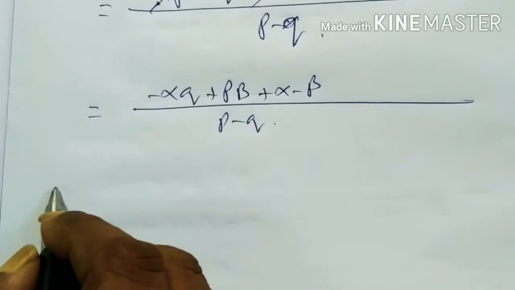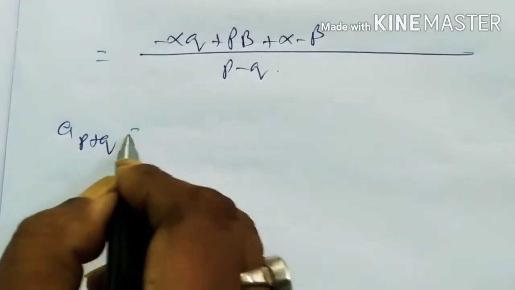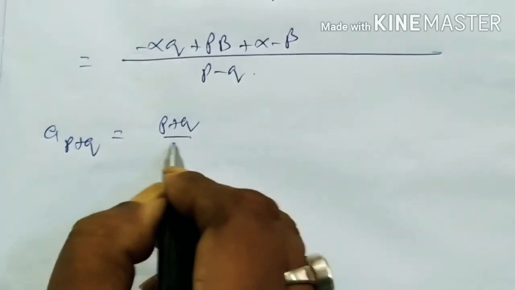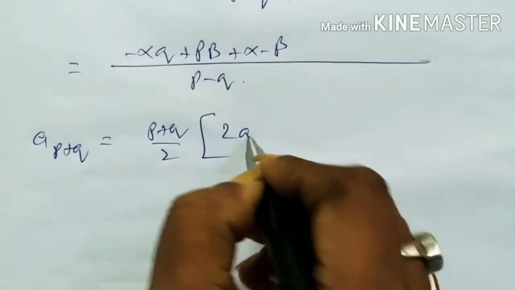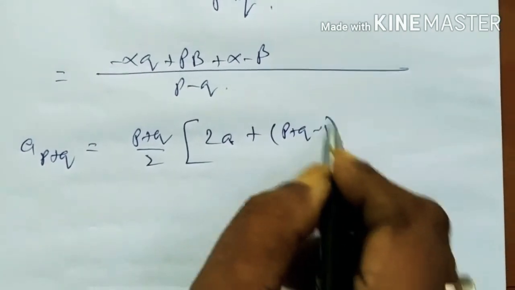Now I am going to find out the p plus qth term. So the sum of the p plus qth term, that is (P plus Q) by 2, [2A plus (P plus Q minus 1) into D].